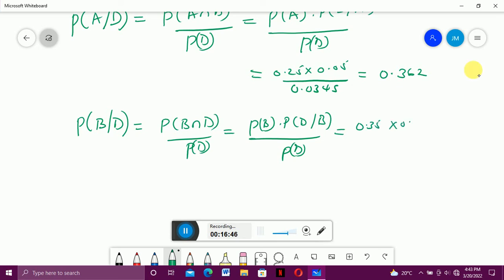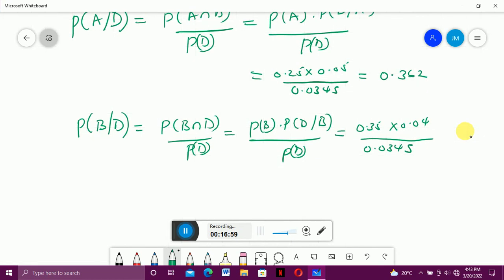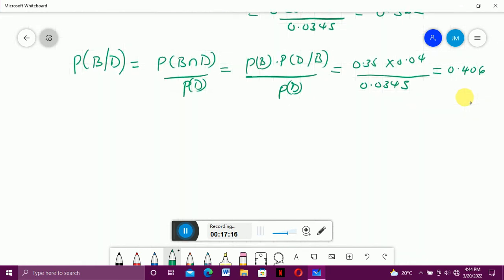The probability that it's defective is 0.04. And the total probability is 0.0345. If you work that out, you get 0.406.